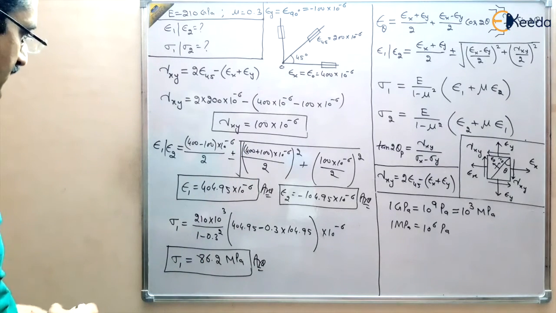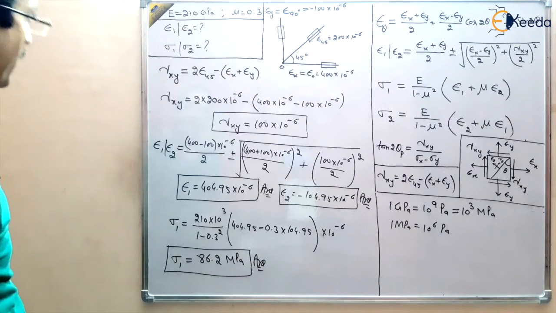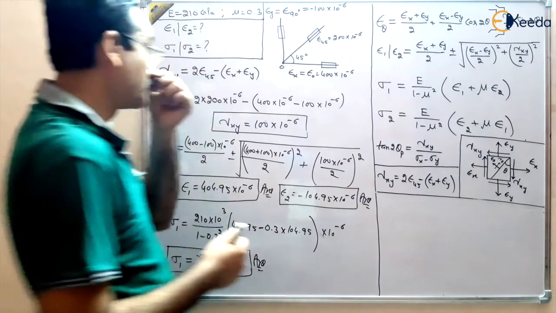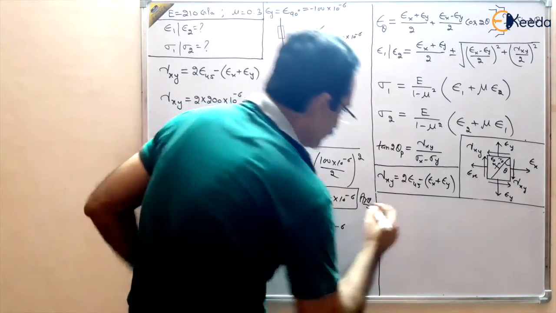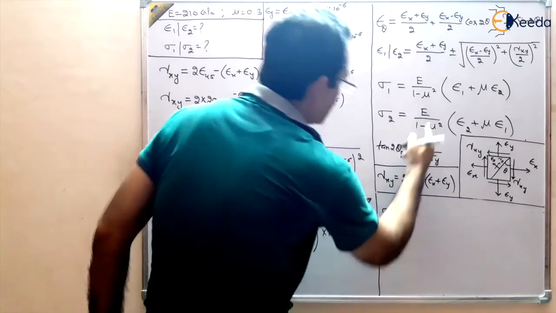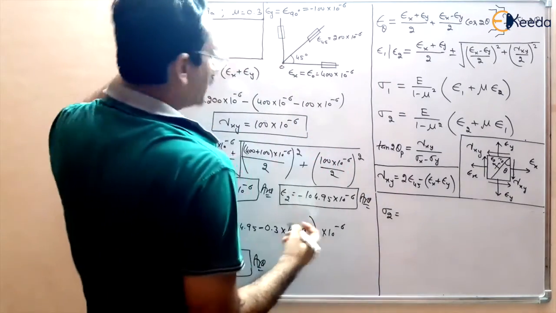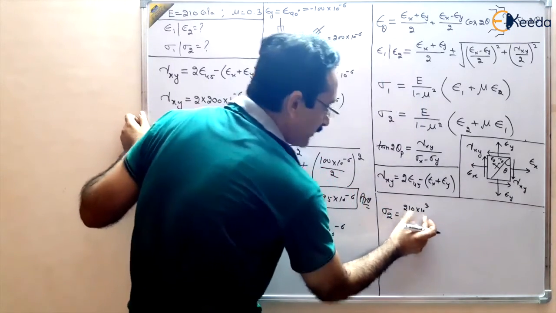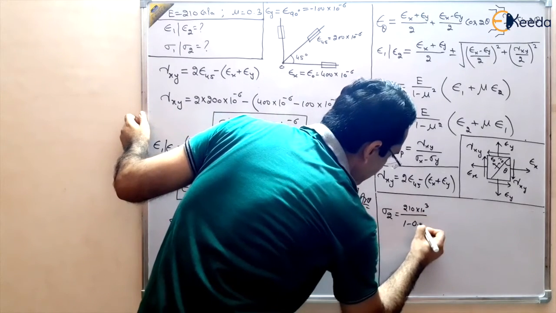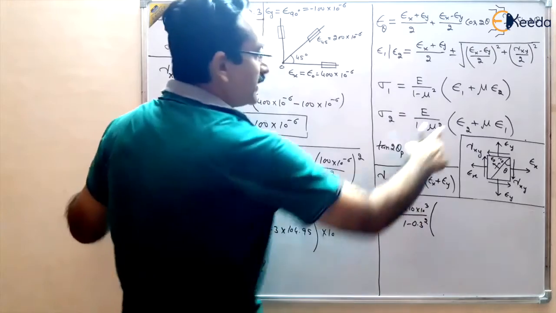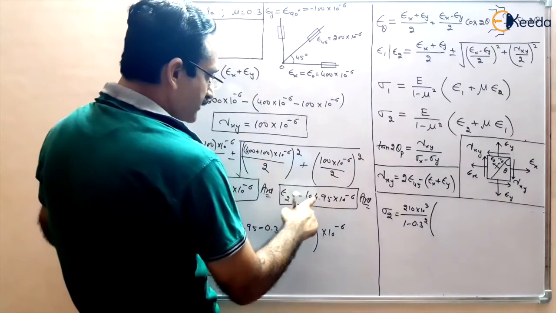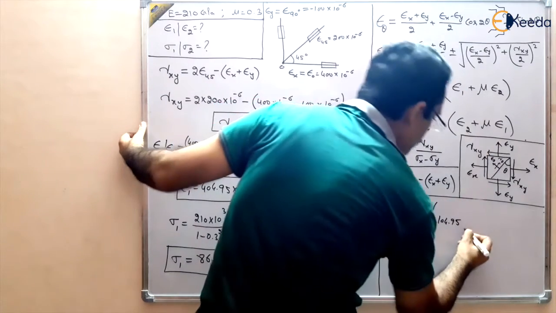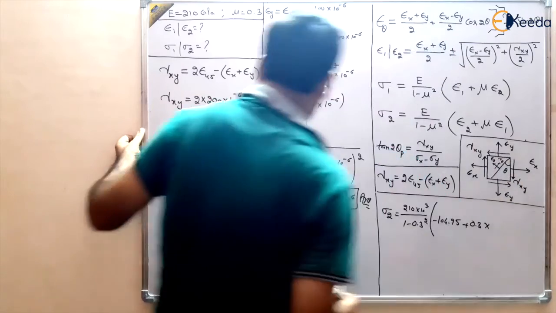And our last answer is finding the minor principal stress. Minor principal stress can be obtained as sigma 2. Sigma 2, you know, is given as E by 1 minus mu square. E is 210, 210 multiply 10 to the power 3, so that answer should be in megapascal, divided by 1 minus mu square, bracket epsilon 2. Epsilon 2 is minus 104.95 plus mu times epsilon 1.